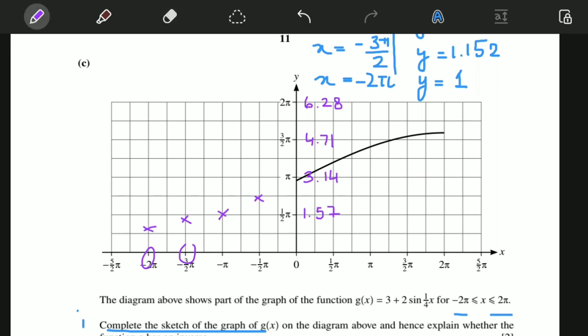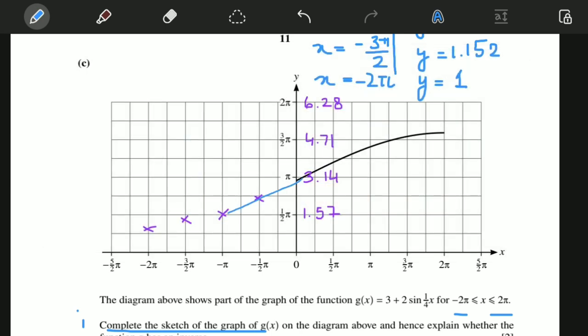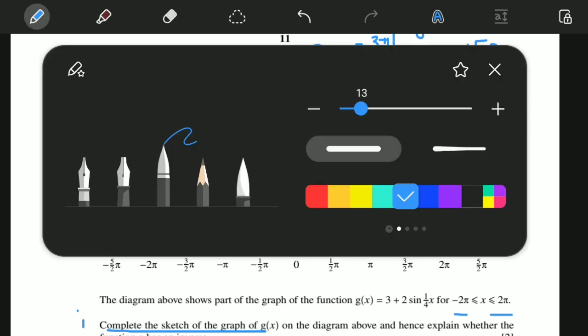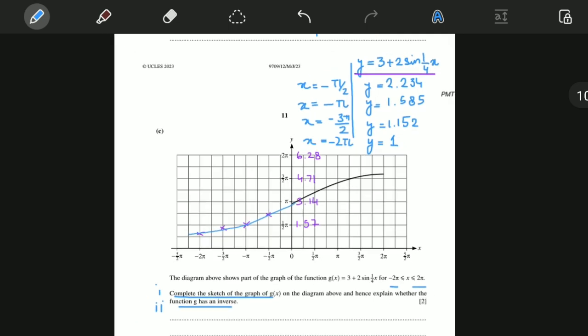Now try to just join it. Okay, so this is an approximated line in the graph. Okay, that's it.